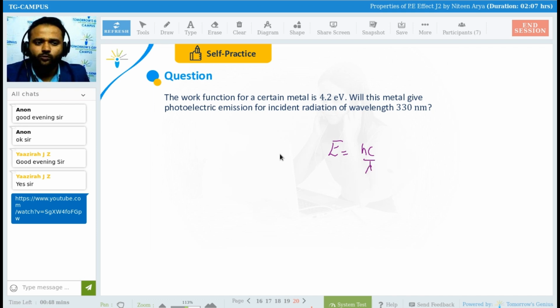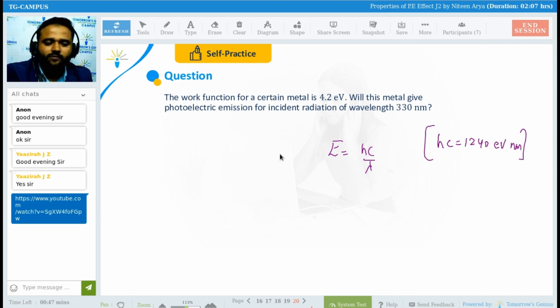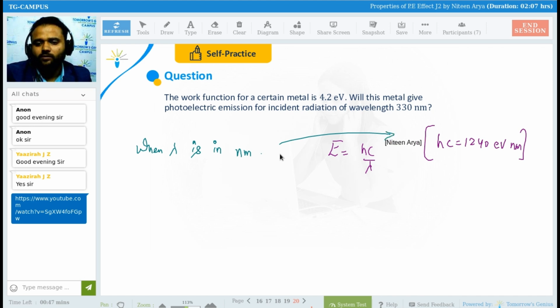When lambda is in nm, the value of hc is 1240 eV nm. Nm stands for nanometer. We can use this. Now it is very easy. Do that, solve that, and tell me the answer.